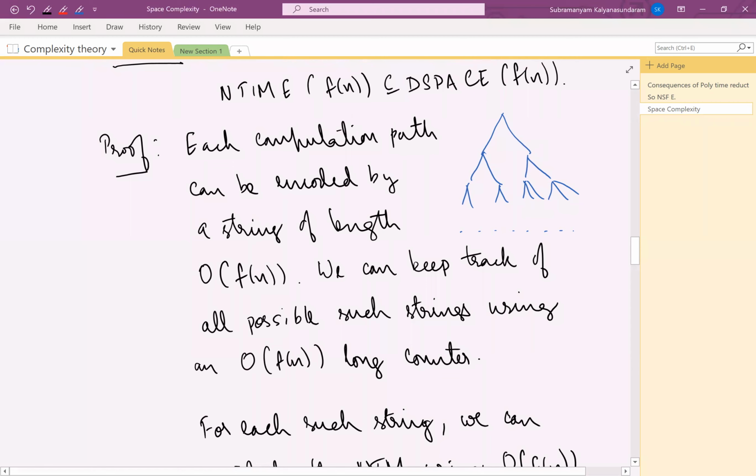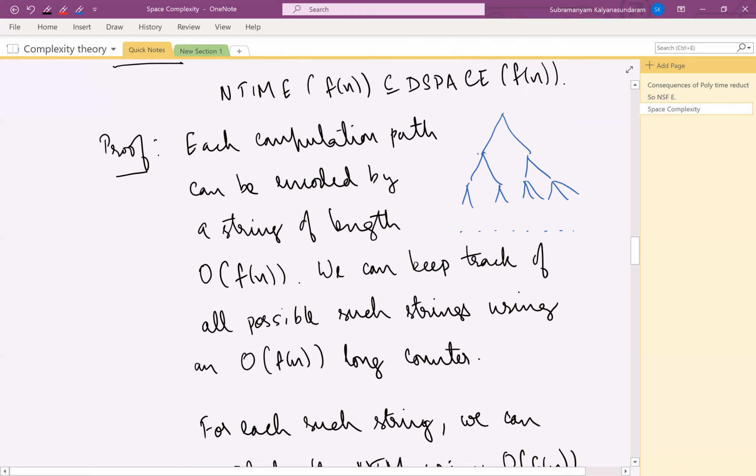Which means each leaf has a label, which is a string ranging up to 10 to the power f(n). Basically, each leaf can be denoted by a string of length order f(n). I just note what the branching is here: did I go to the first branch, second branch, third branch, and so on?